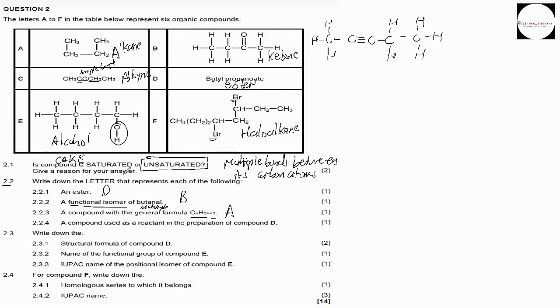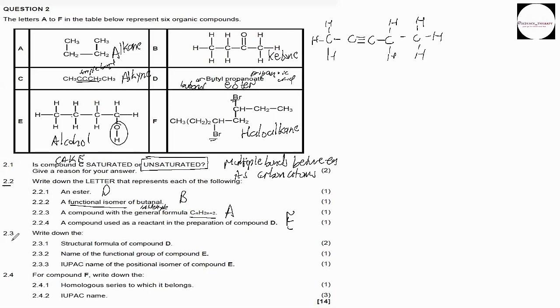So the only reactant that will be used in the preparation of compound D is obviously E. Looking at this, we can see that this is 1, 2, 3, 4. It's butanol. And here we have butyl, which comes from the alcohol, butanol. And propanoate comes from the carboxylic acid, propanoic acid, right? So as you can see, this one is butanol.